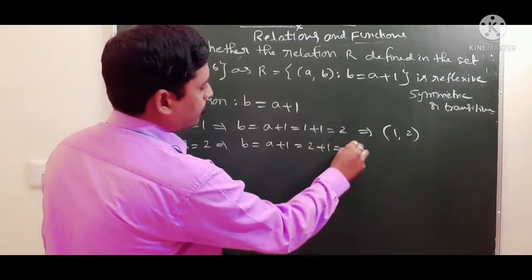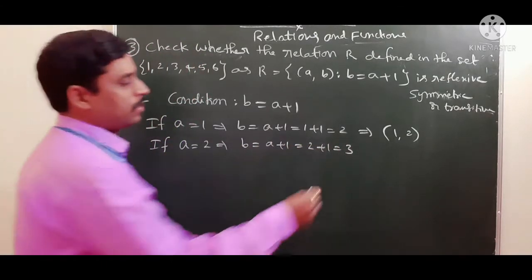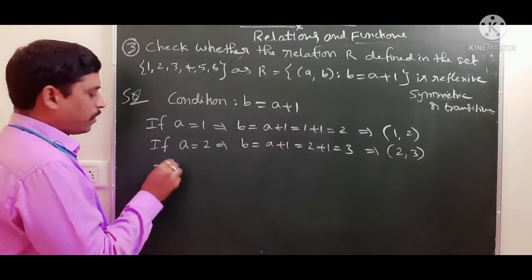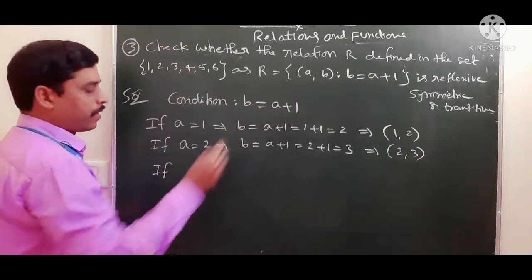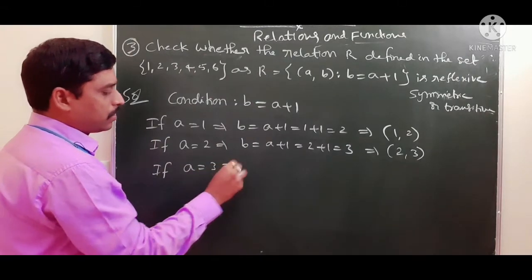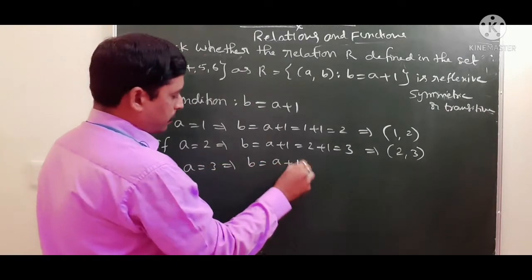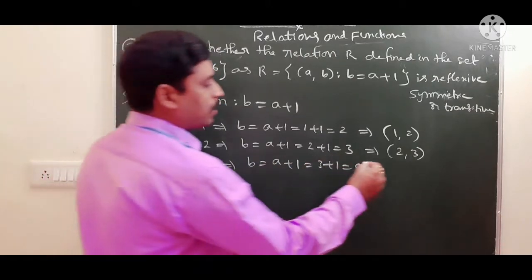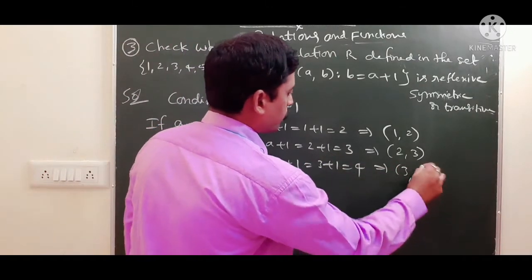This will be 3, 2 plus 1. So this ordered pair is 2 and 3. If A is equal to 3, B is equal to 3 plus 1 is equal to 4. So this ordered pair is 3 and 4.